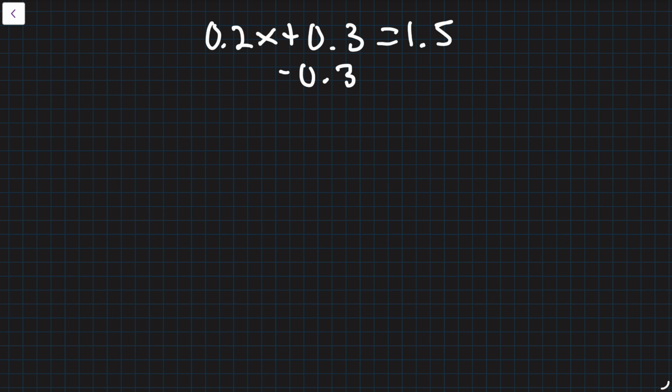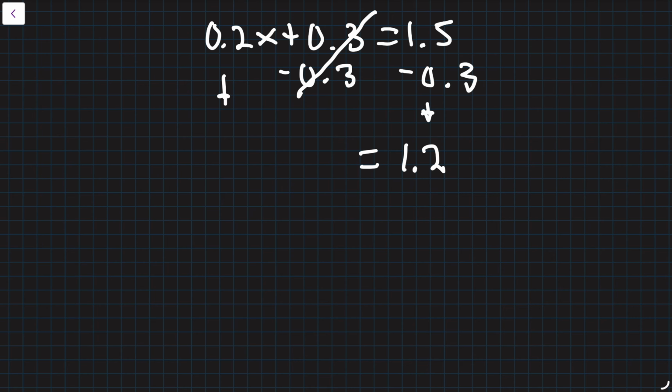We're going to do one last problem: 0.2x plus 0.3 equals 1.5. The only difference is that it's in decimals, so it's actually kind of like the last ones that we did. We are going to do negative 0.3 to both sides, then cancel out the 0.3, and you're going to be left with 1.2.